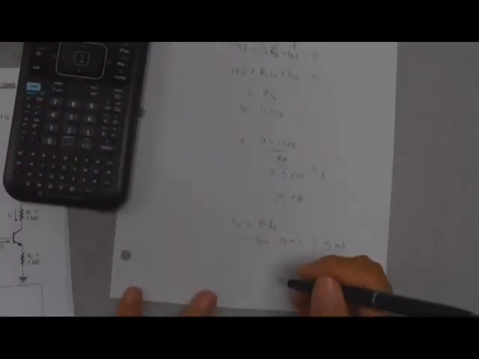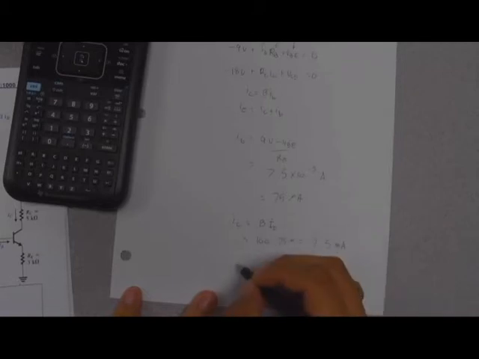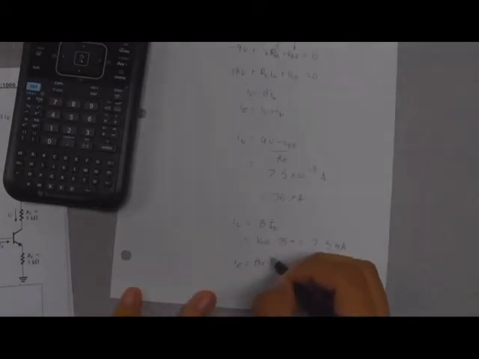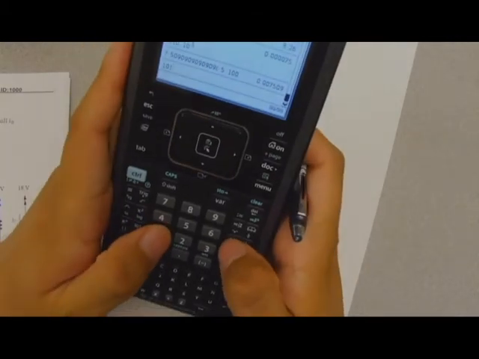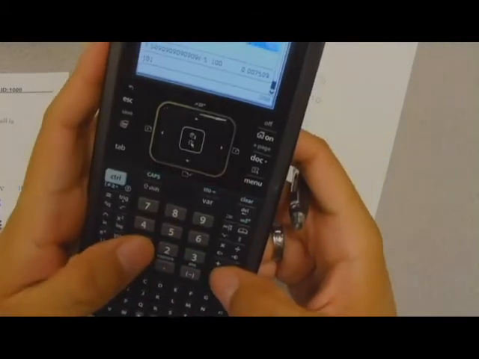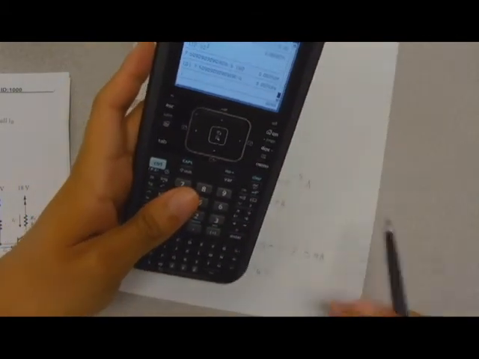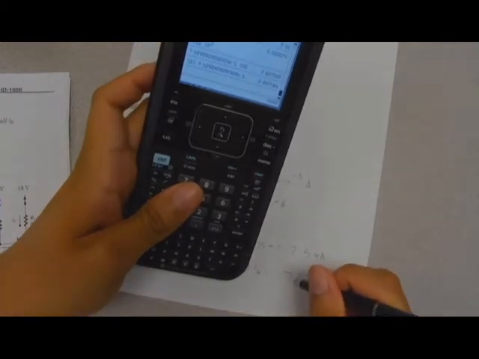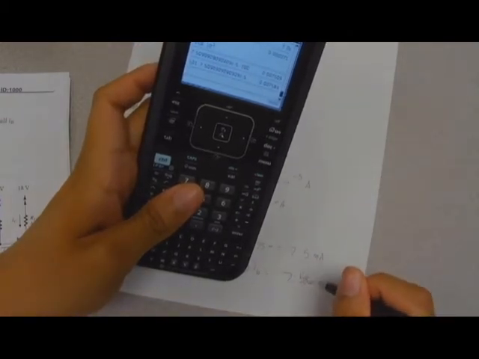And finally, IE is equal to beta plus 1 times IB. So that's going to be 101 times this value here. So slightly different, 7.58 milliamps.